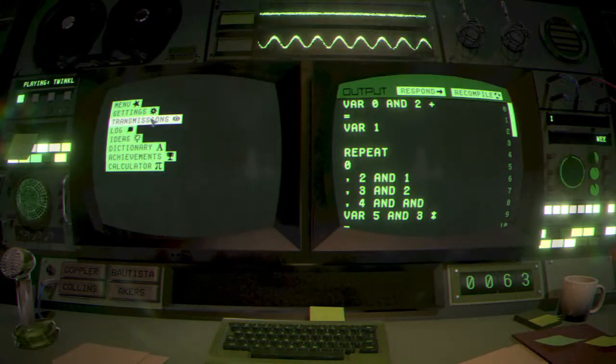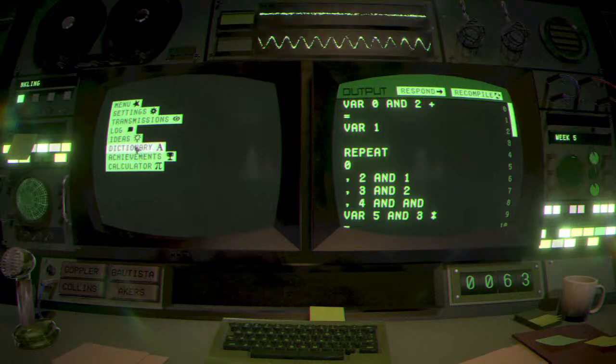All right, what happens if I change what I've been doing with the comma?